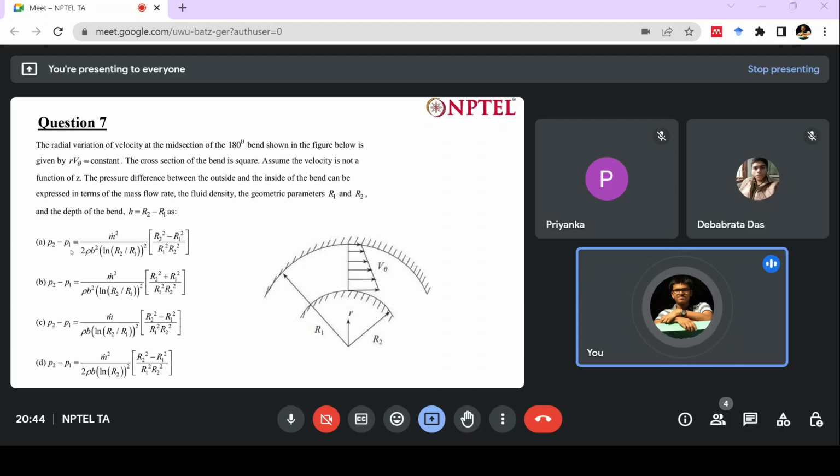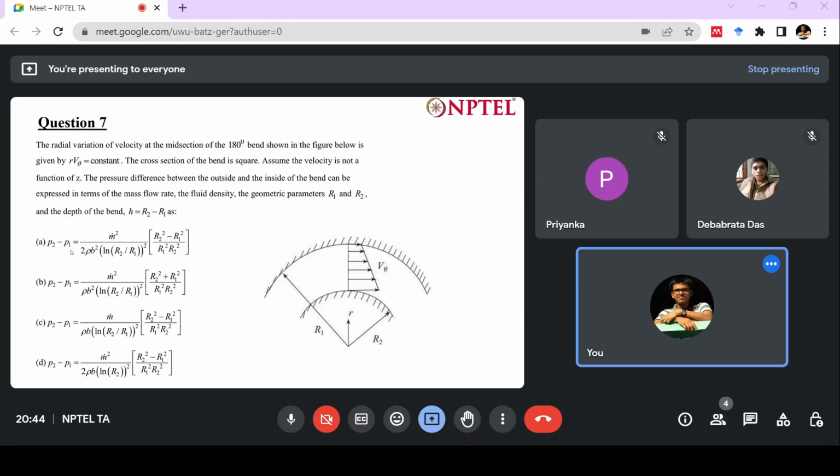It's kind of like a concentric fluid flow. So the radial variation of velocity at the midsection of the 180-degree bend is shown as this. The cross section of the bend is square.